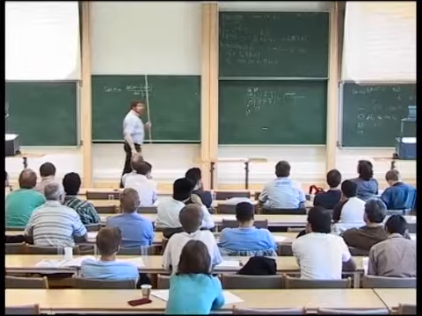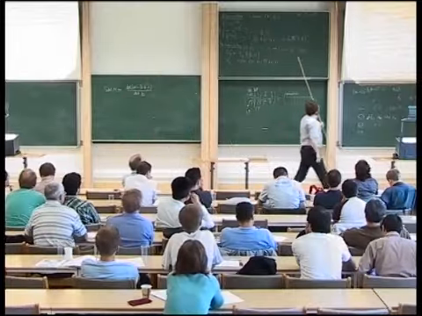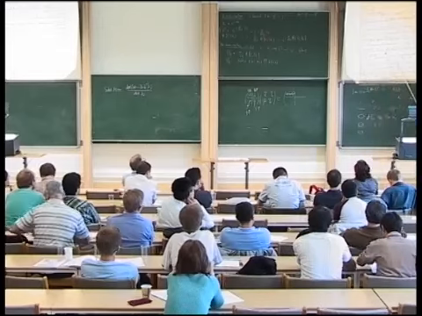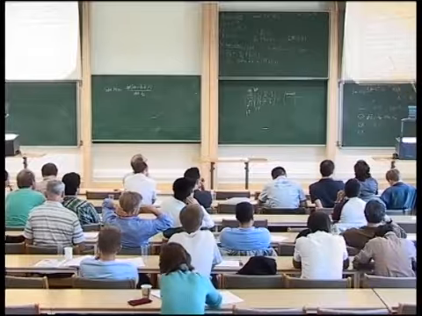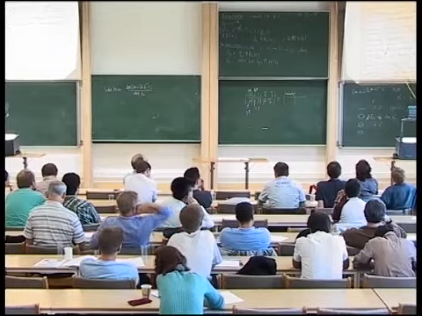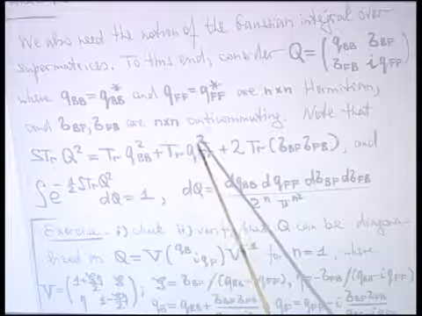It plays an important role. And how can we see it? Just by considering the supertrace of Q squared. If you just calculate the supertrace of Q squared using this rule for calculating the supertrace, trace of A minus trace of B, you immediately will see that the expression is as follows. It's the trace of Q boson-boson block squared plus the trace of Q fermion-fermion block squared plus a part made of Grassmann.